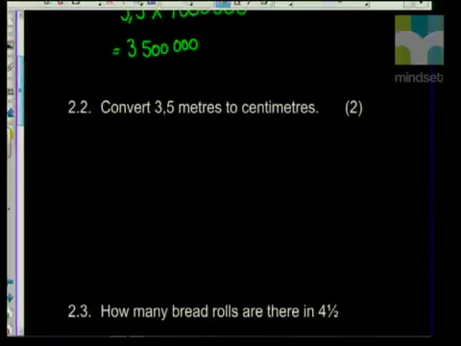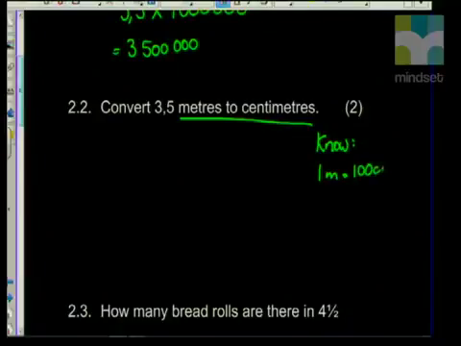Right, now we go on to your favorite ones, to convert from meters to centimeters. Now this is quite an easy one, but you do need to remember that you do need to know all the conversions. So you need to know that 1 meter is equal to 100 centimeters.